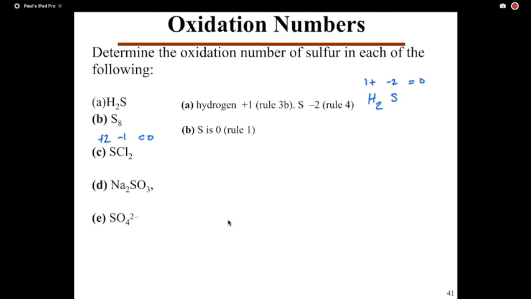So in this molecule, sulfur is a +2. In molecule number A, sulfur was what? A -2. Oxidation numbers can change depending upon how the molecule is put together. Okay? Usually halogens and alkali metals are the ones that you can predict. We'll start off with this one next time.